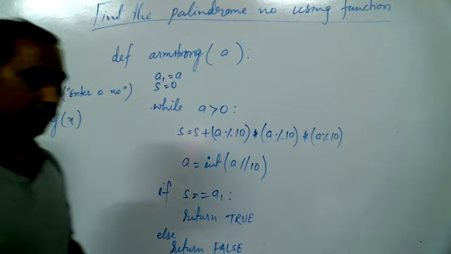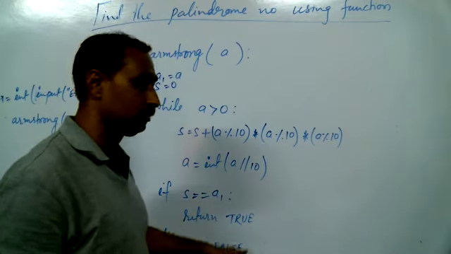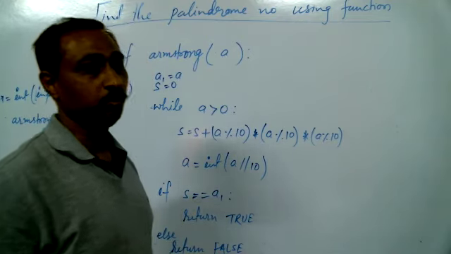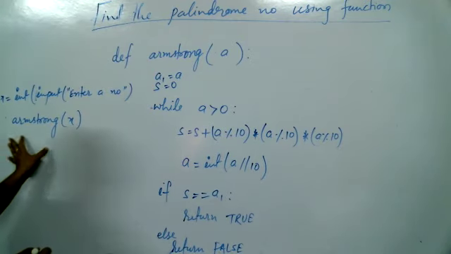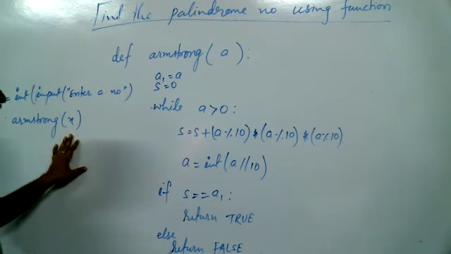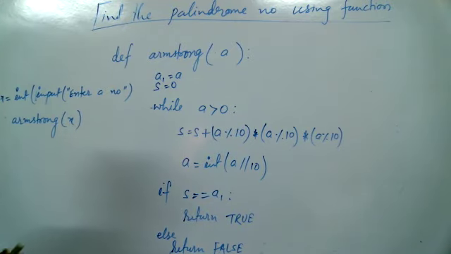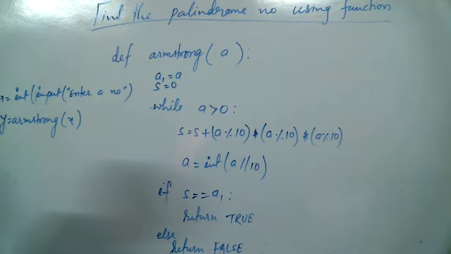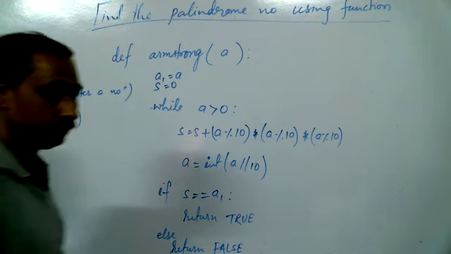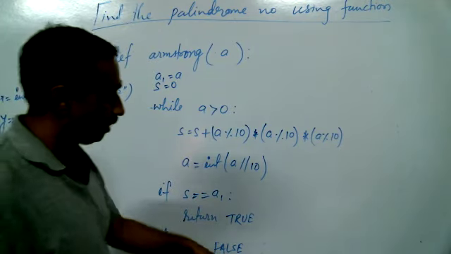Now, while calling Armstrong, we are able to see that Armstrong is going to return a Boolean value. For storing that Boolean value, we require one more variable, so I am taking y. y is a variable which will contain the Boolean value. Okay, so y will be having true or false.